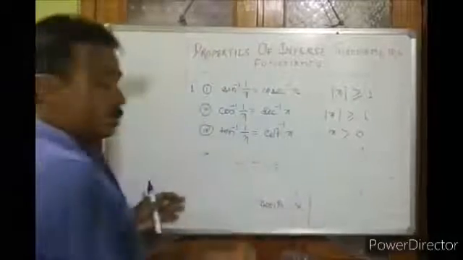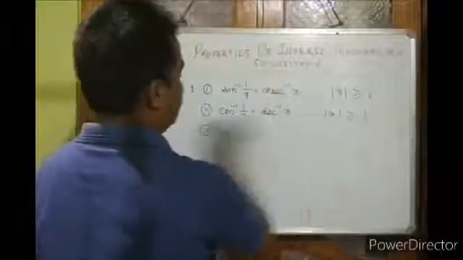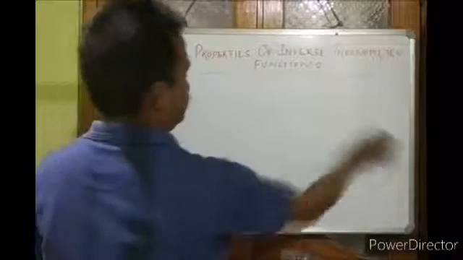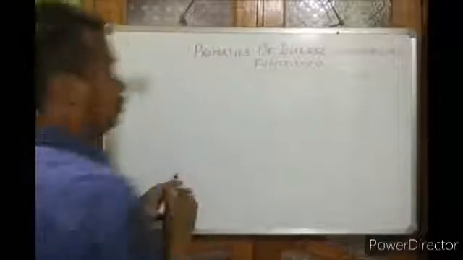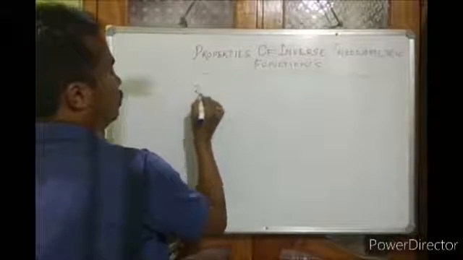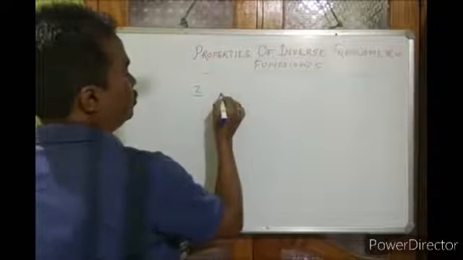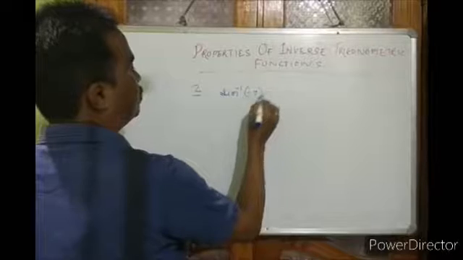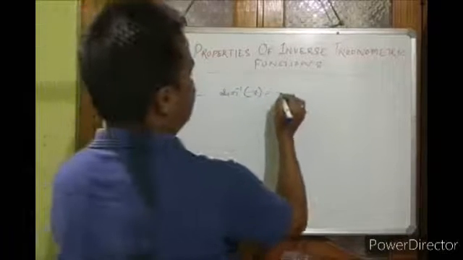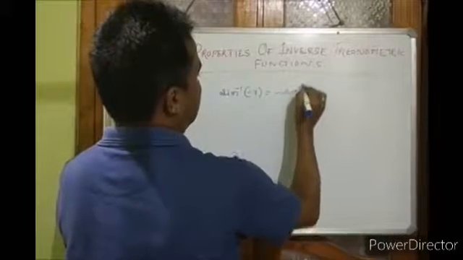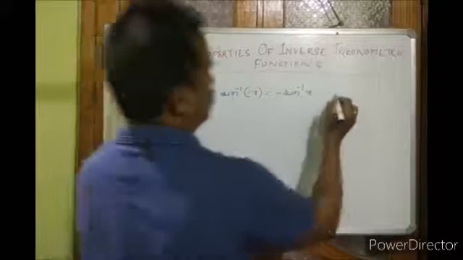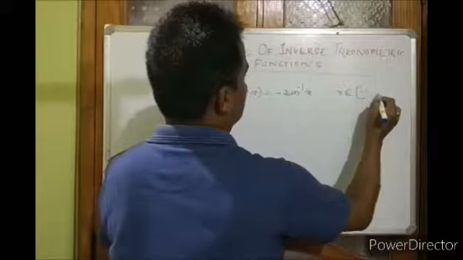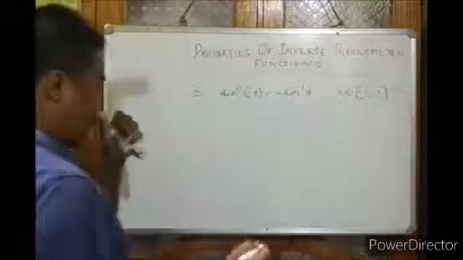Next, let us do property number 2. This is also important. Property number 2: sin inverse minus x is equal to minus sin inverse x, and of course x belongs to the interval minus 1 to plus 1.